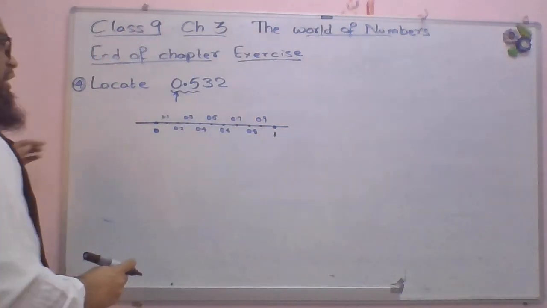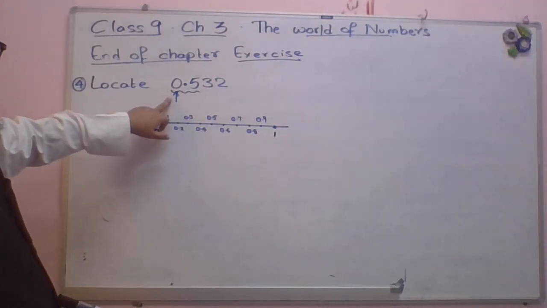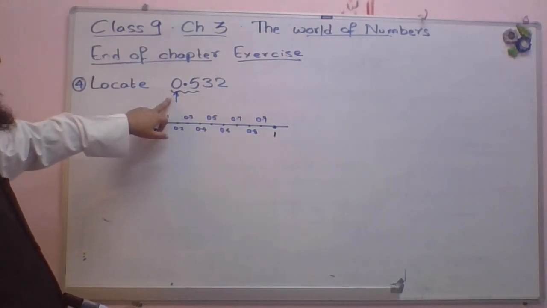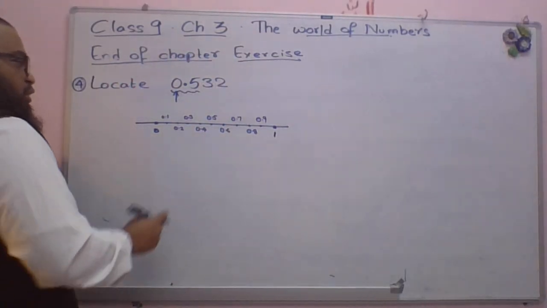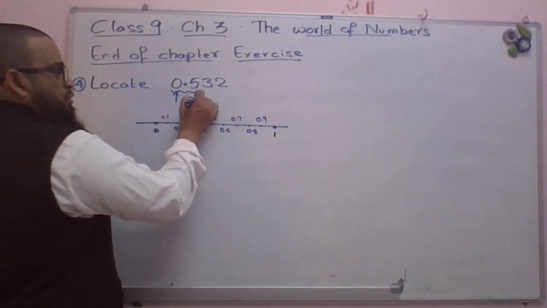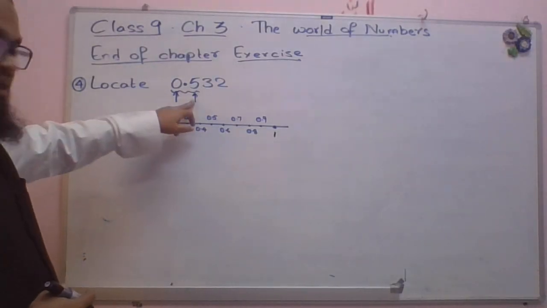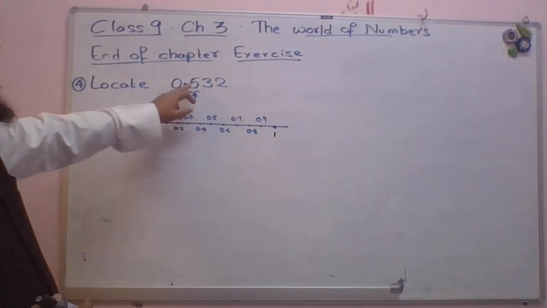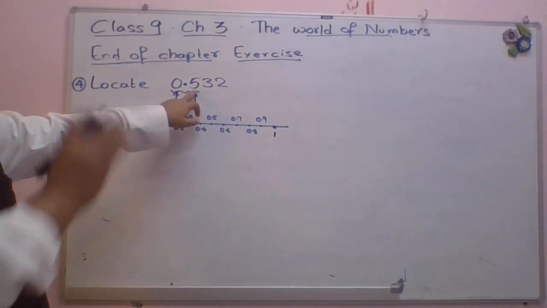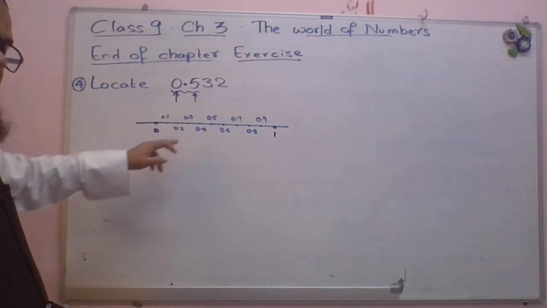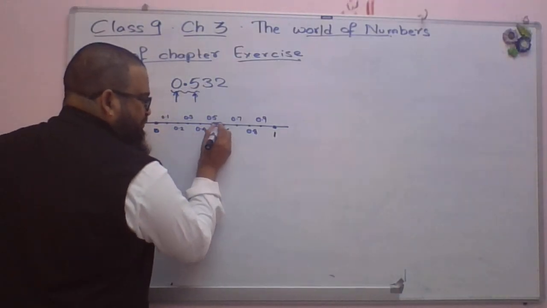Now by seeing the whole part, we understood that the number is between 0 and 1. Now the decimal here is 5, so 0.532 is in between 0.5 and the next decimal, 0.6.